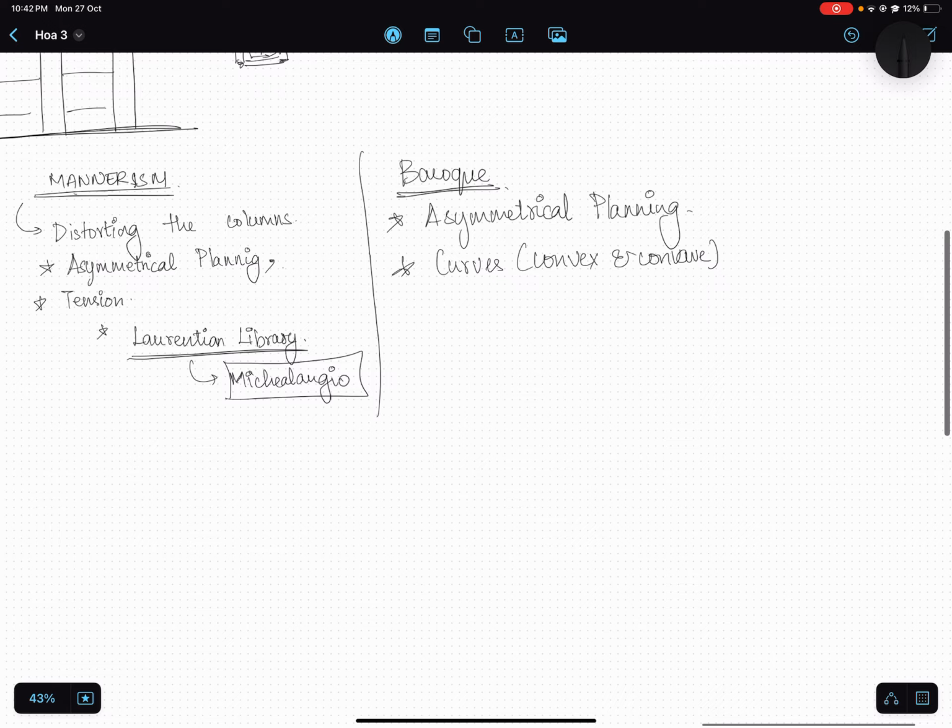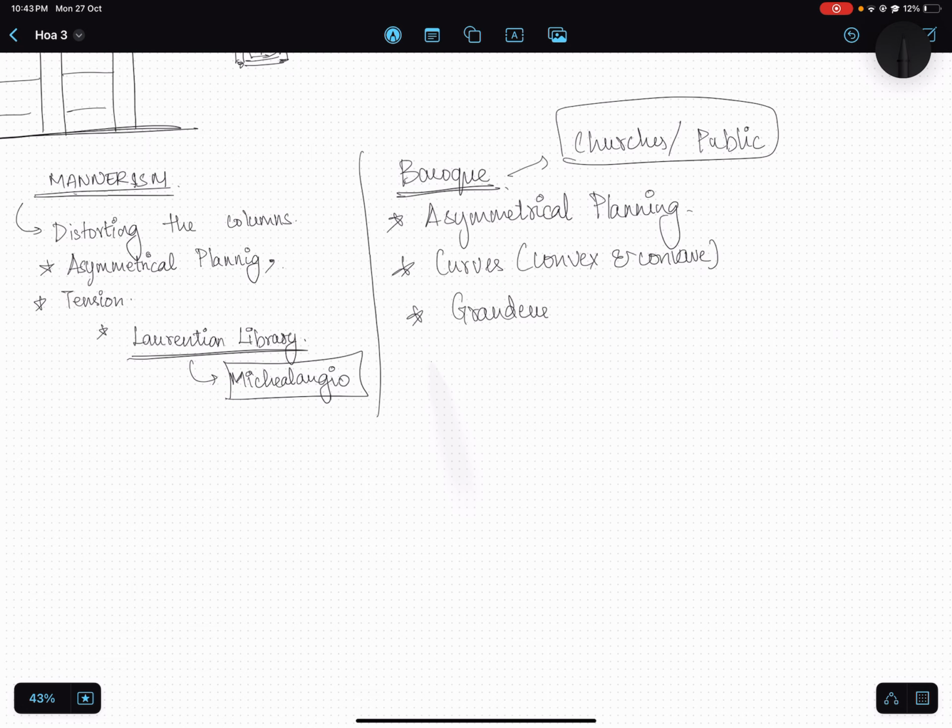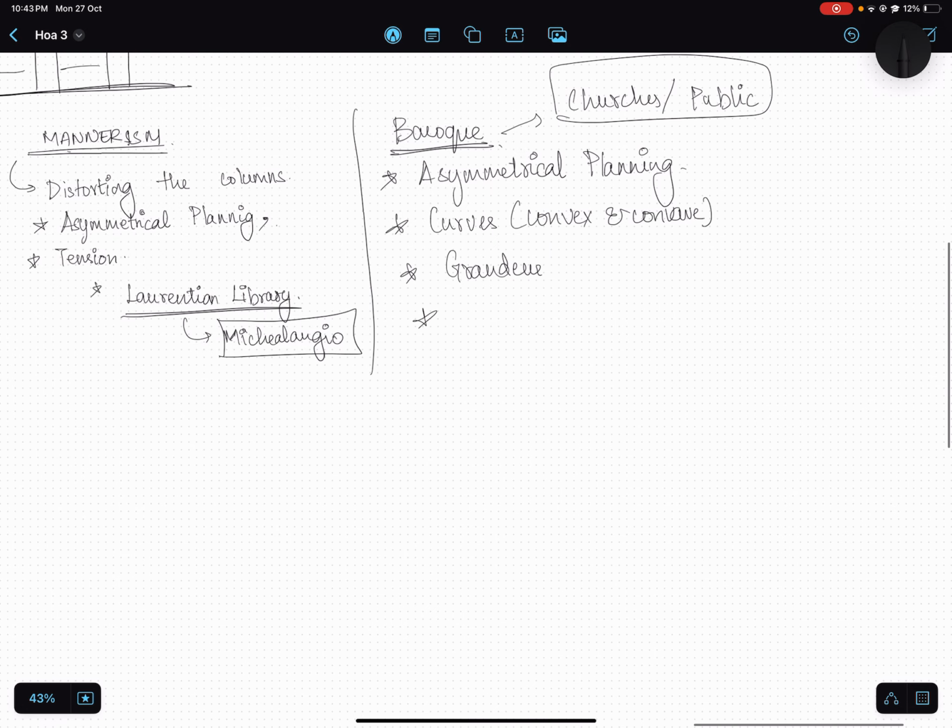This was more grandeur. A lot of churches and public buildings, huge monumental scale buildings. And this had more decorations compared to Mannerism.